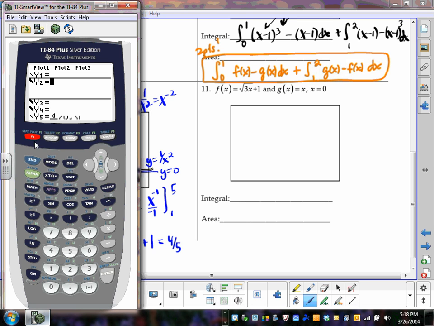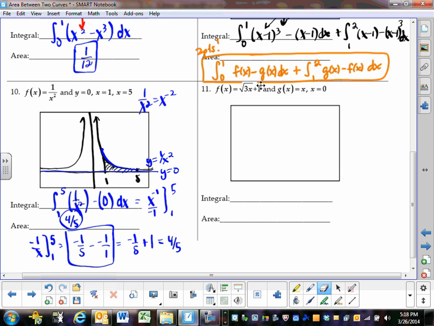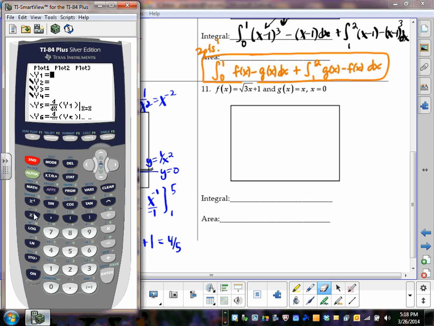On here, notice that this square root, which I've kind of covered up a little bit, does not extend across the 1. The 1 is completely outside the radical. So make sure if you have the new calculator that you're out from under the radical before you do the plus 1. If you have the old calculator, make sure you close the radical, close the parentheses before the plus 1. And then we have x.